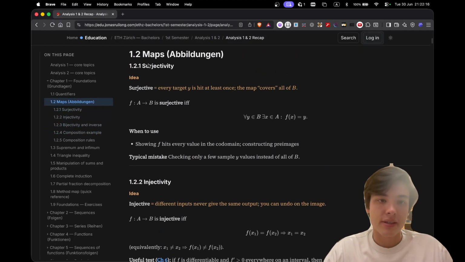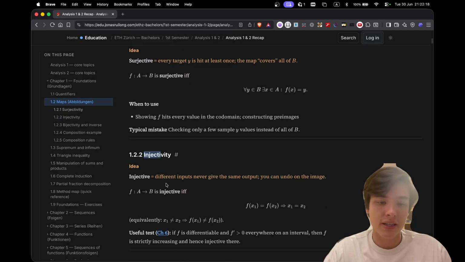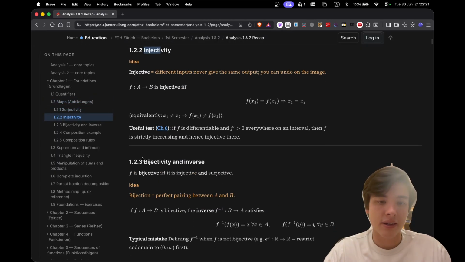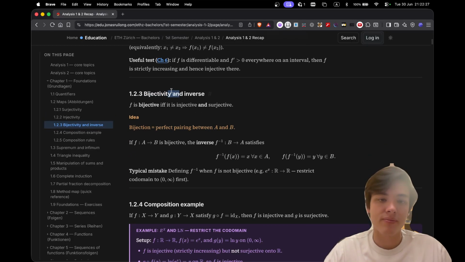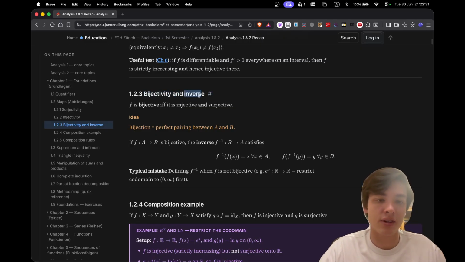And then if it's surjective and injective, then we have bijectivity. I only know the German word. If we have that, we can also get the inverse.